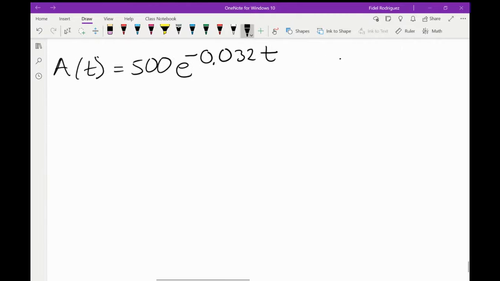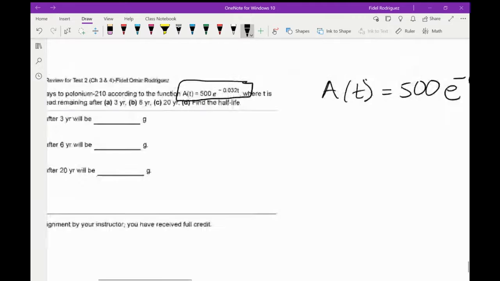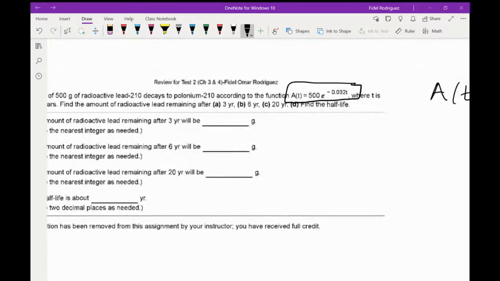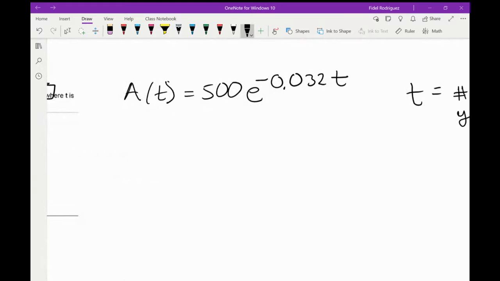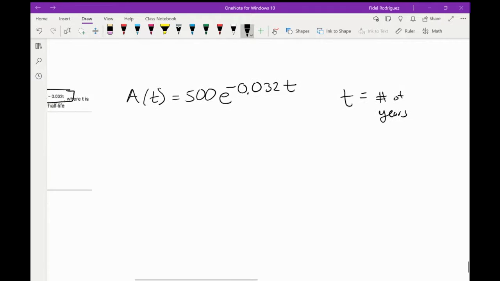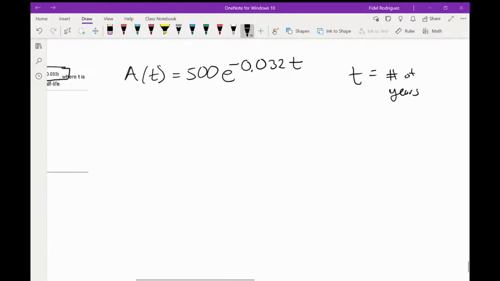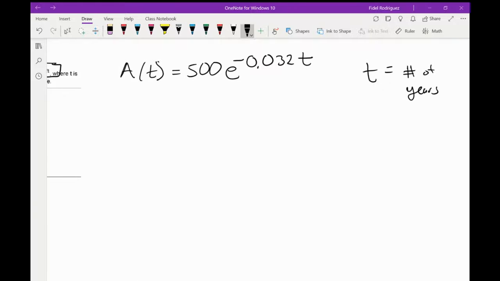And what's important, guys, is that in this problem, t is the number of years, okay? So part A says how much is left after 3 years. If t stands for the time in years, then for part A, really what I'm trying to do is just find A of 3, okay?